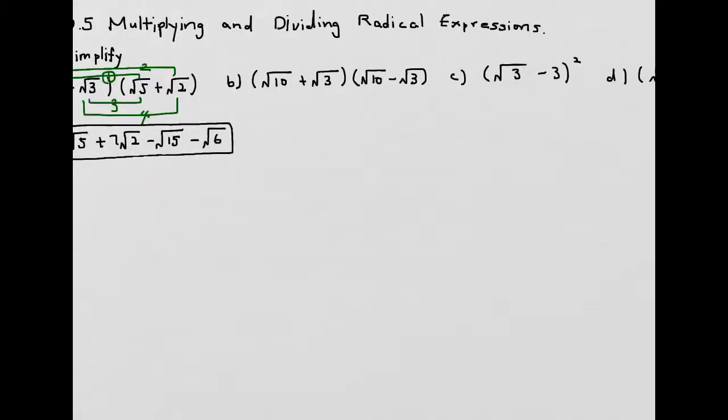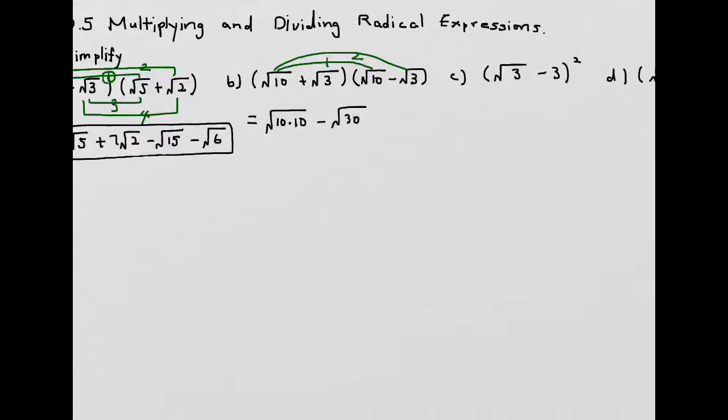Let's look at the second one. We have square root of 10 times square root of 10. So we're multiplying this first. You get square root of 10 times 10. And when you multiply outer, one was negative, so it will be negative square root of 10 times 3, which will be 30.